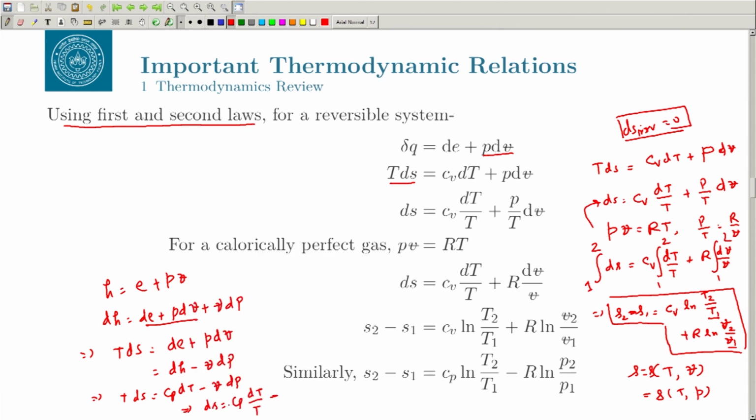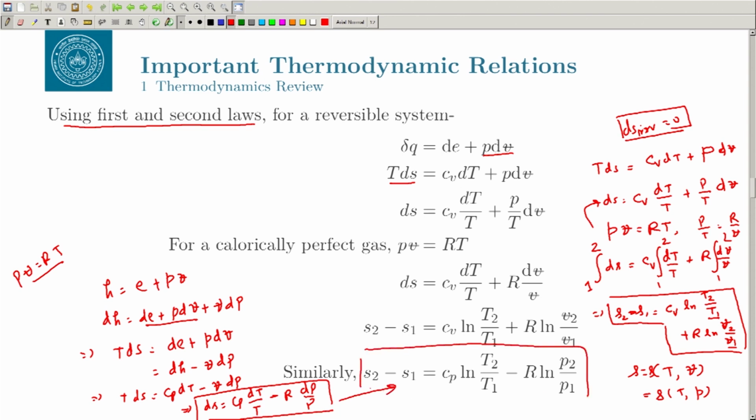Now for V by T you can use the same law, P v equals R T. That will become R by P, so minus R dP by P. If you integrate this you will get the relation S2 minus S1 equals Cp ln T2 by T1 minus R ln P2 by P1.